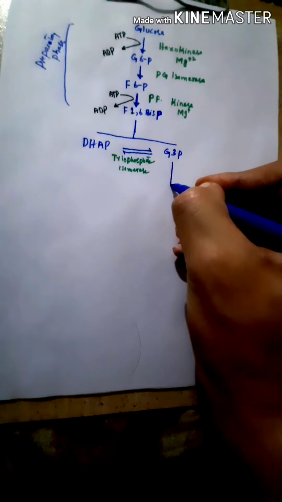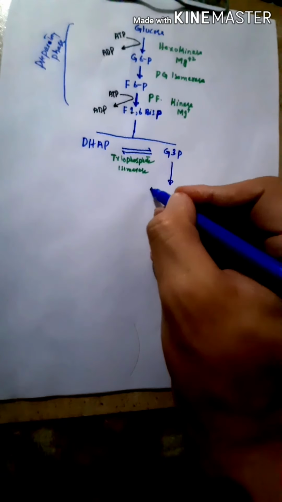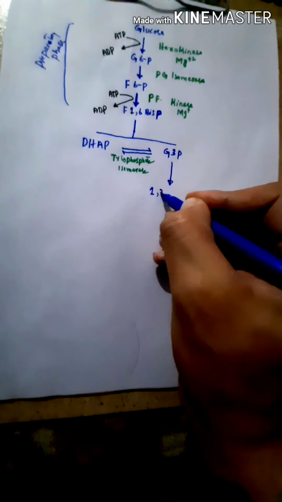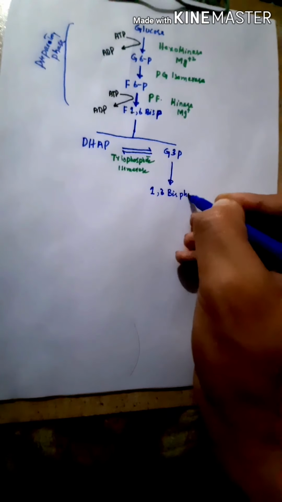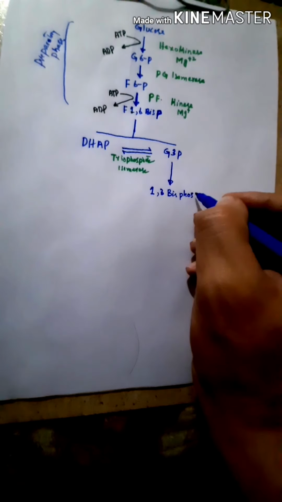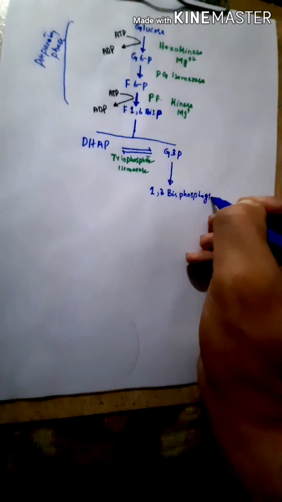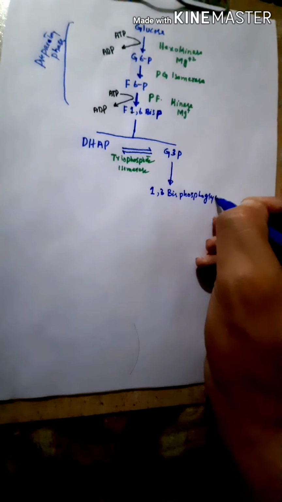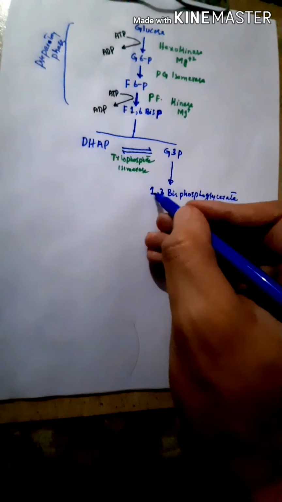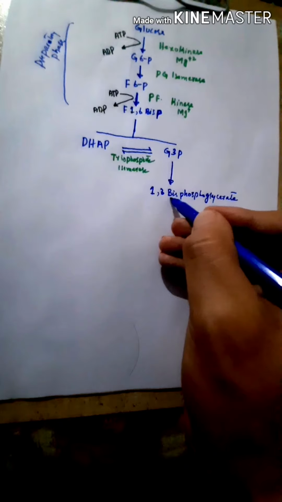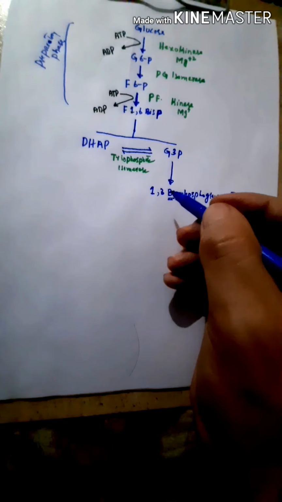Now the G3P molecule is converted into 1,3-bisphosphoglycerate, in which on carbon number 1 and 3 two phosphates, or bisphosphate, are attached.